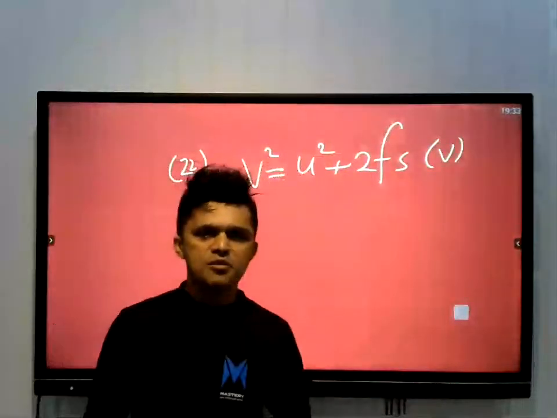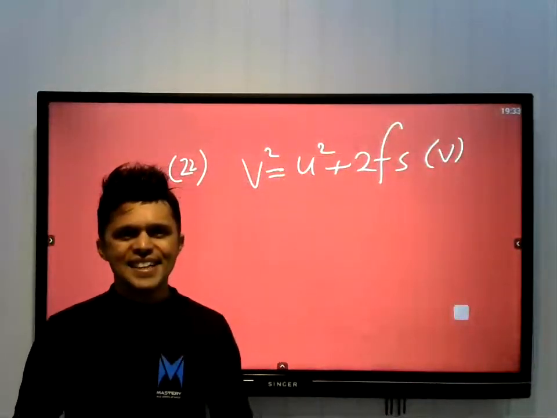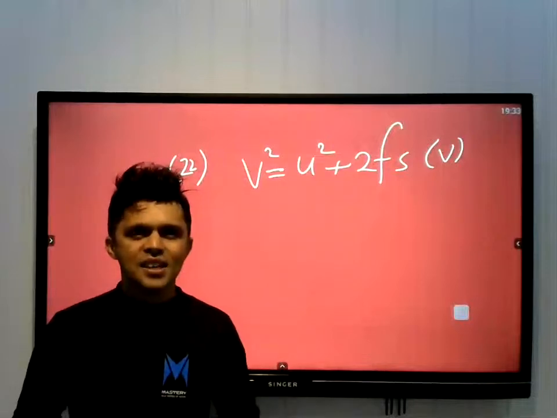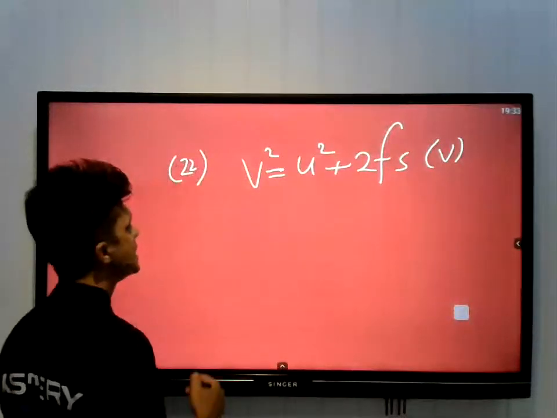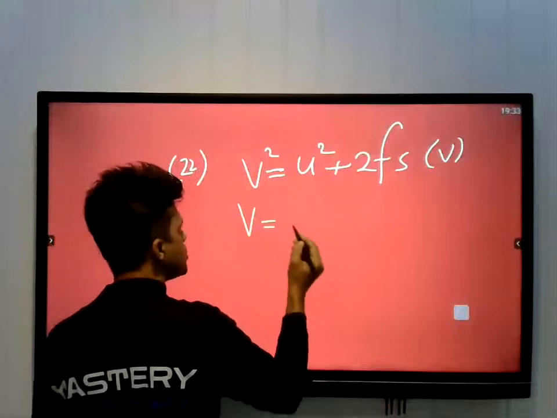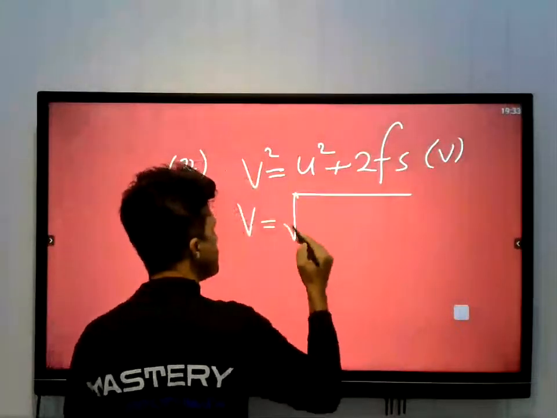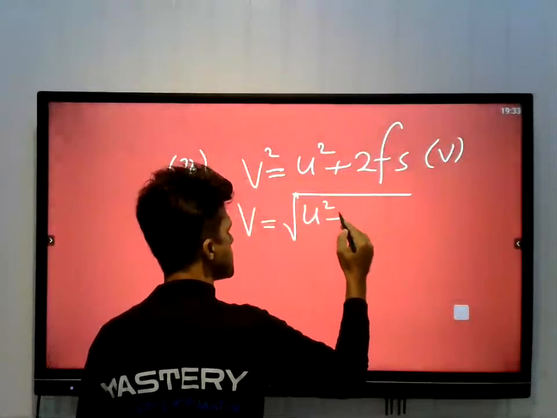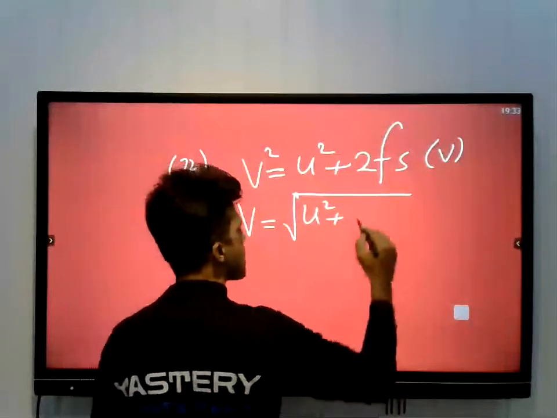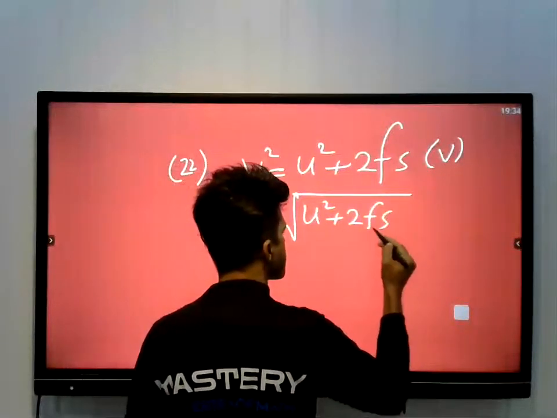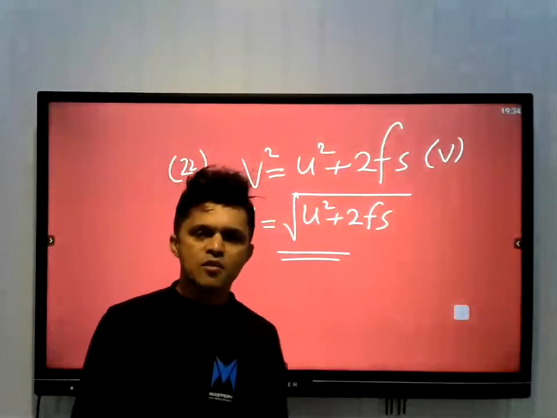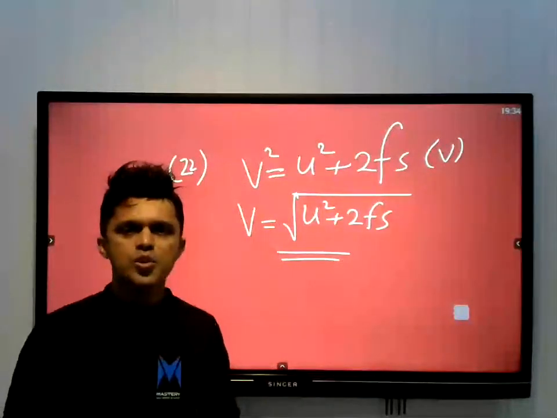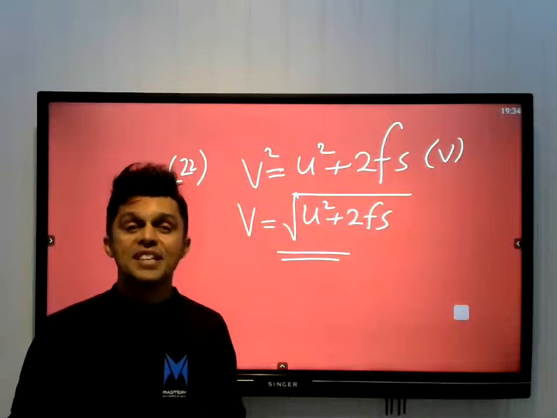Here we have v squared, so v equals the square root of this whole expression. V equals the square root of u squared plus 2fs.